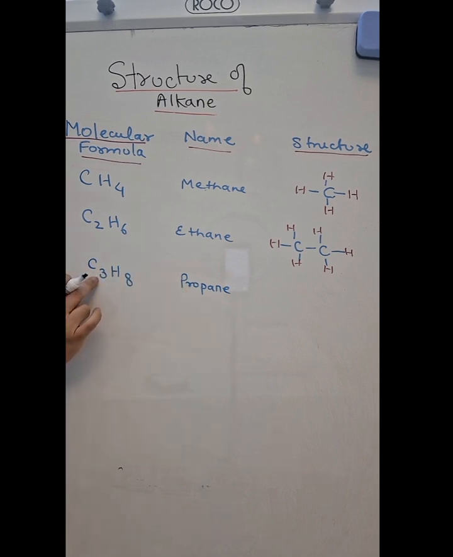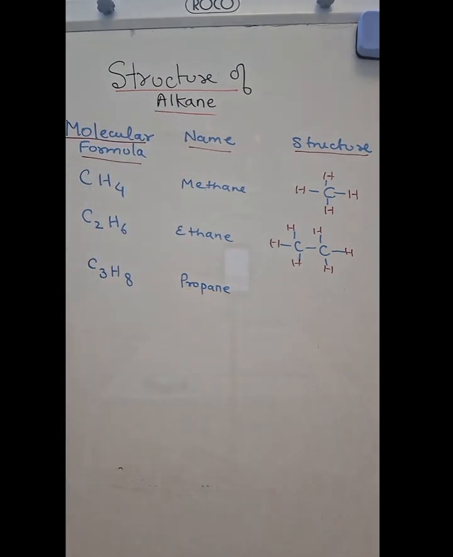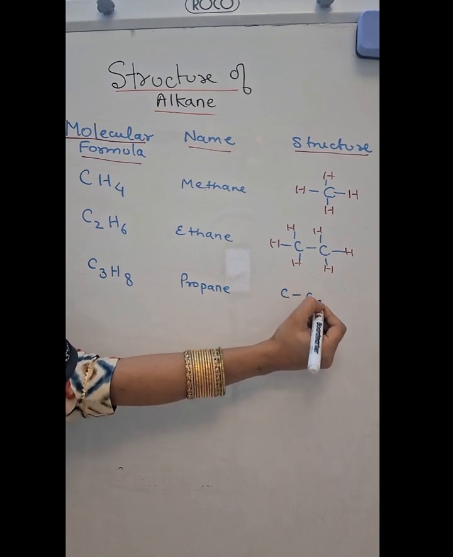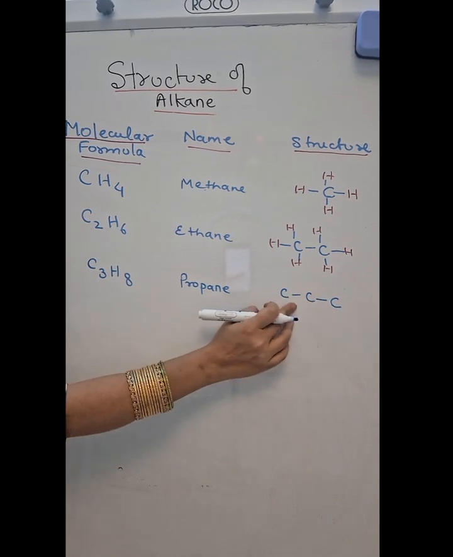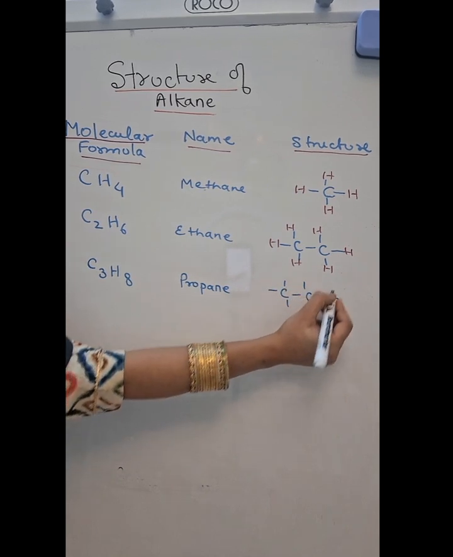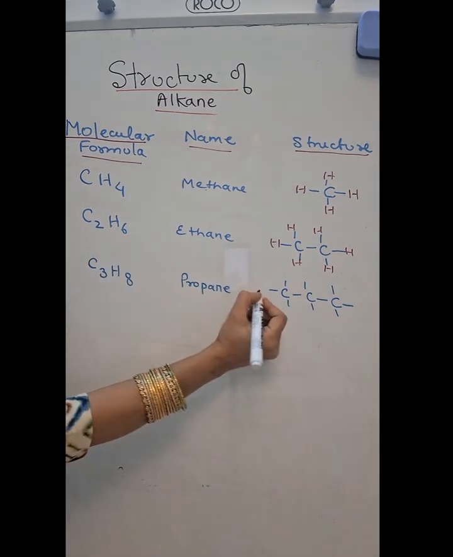Because it is made up of 3 carbon and it is an alkane. That's why its name ends with ane. Now, how to draw its structure? Similarly as we have drawn for ethane, but here we will take 3 carbon which is singly bonded, and then each carbon has valency 4. Okay, and then we will satisfy with hydrogen.